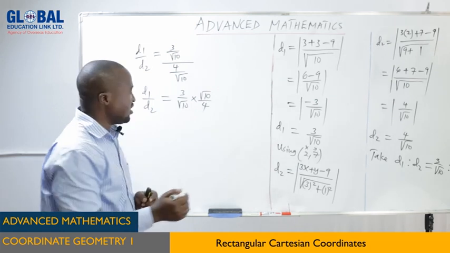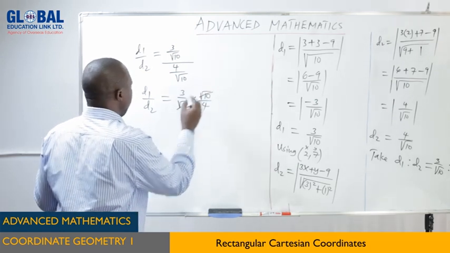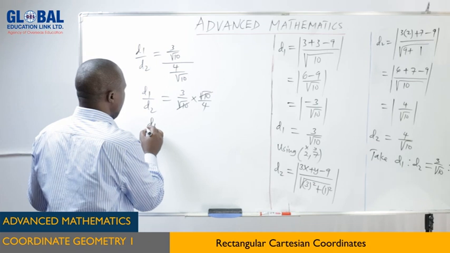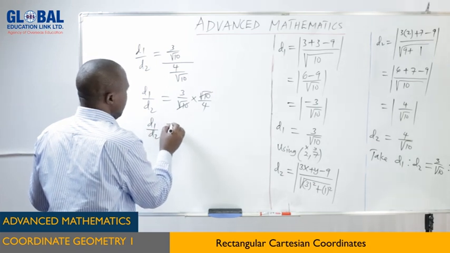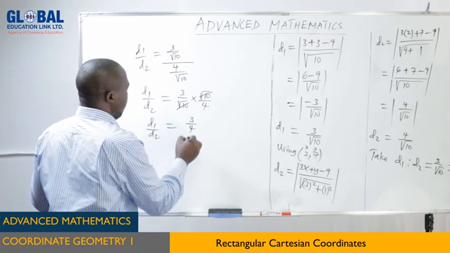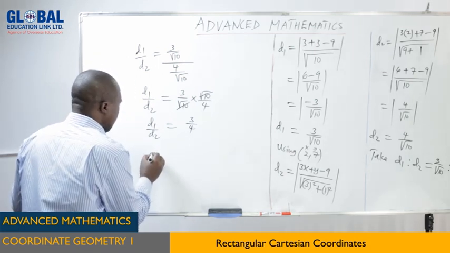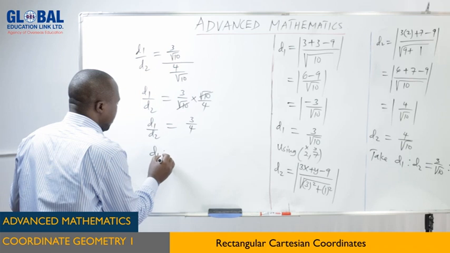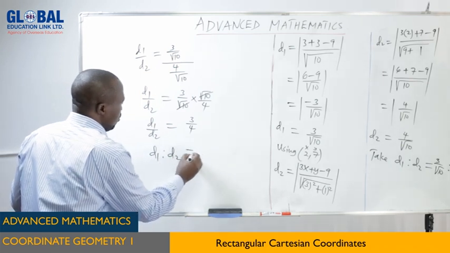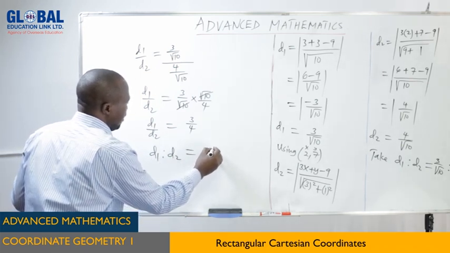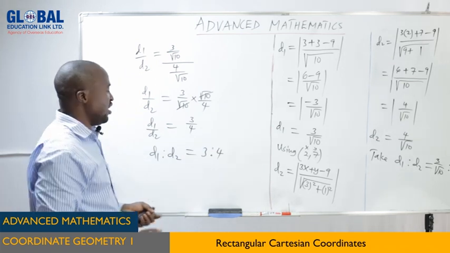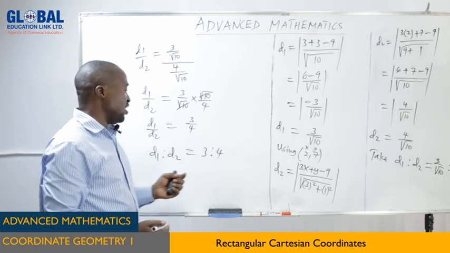So in this case, D1 over D2 is equal to 3 over 4. Now in ratios, this can be written as D1 ratio D2 is equal to 3 ratio 4. Now this is the required ratio.